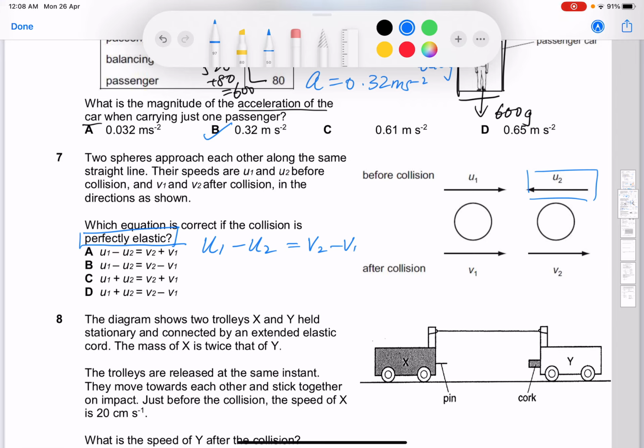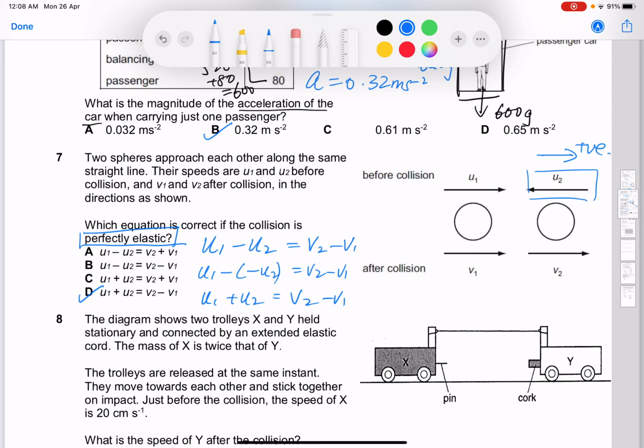So when you take u1 minus u2, and if I take right as positive, u2 here is actually in the opposite direction, right? So this is actually minus u2. So the answer is D.